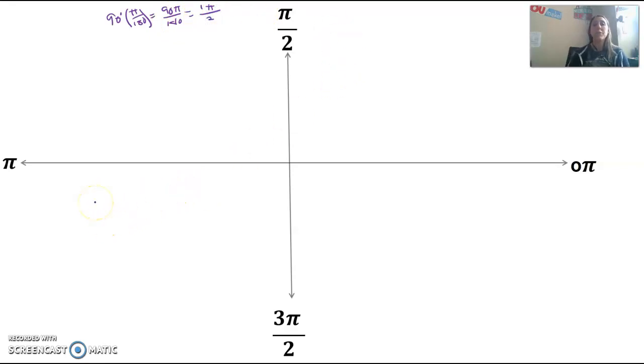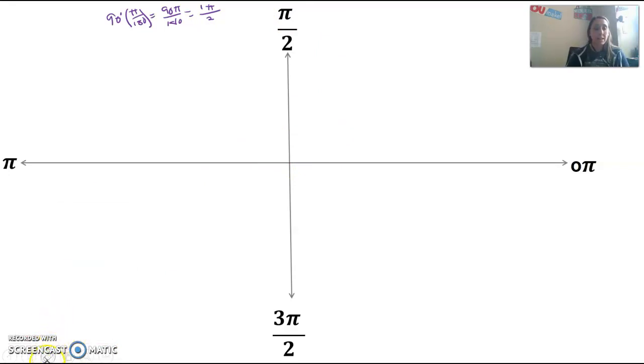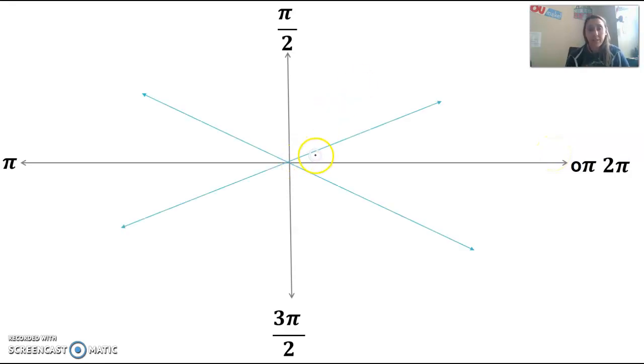I can do that for all of them, so that is what I did. But these are the main ones that were just on the last screen, so I put them in. 180 was pi, 270 is 3 pi over 2, and then if we go all the way around, we're at 2 pi.